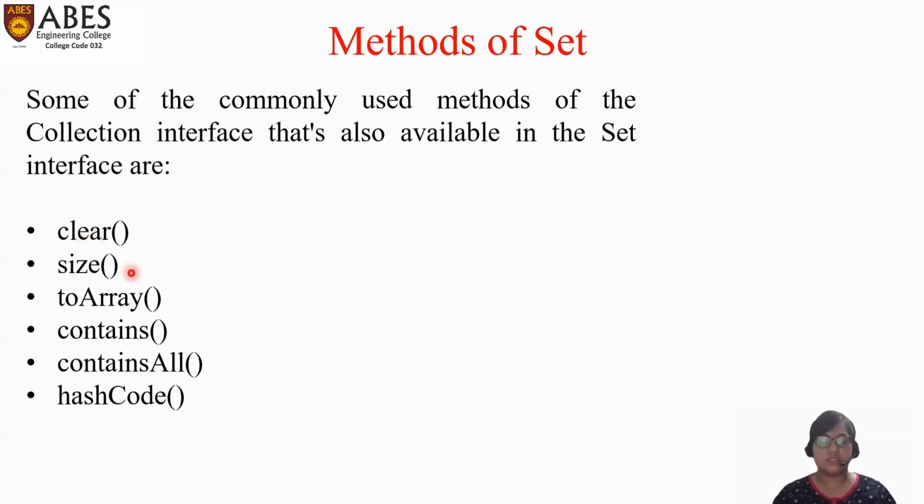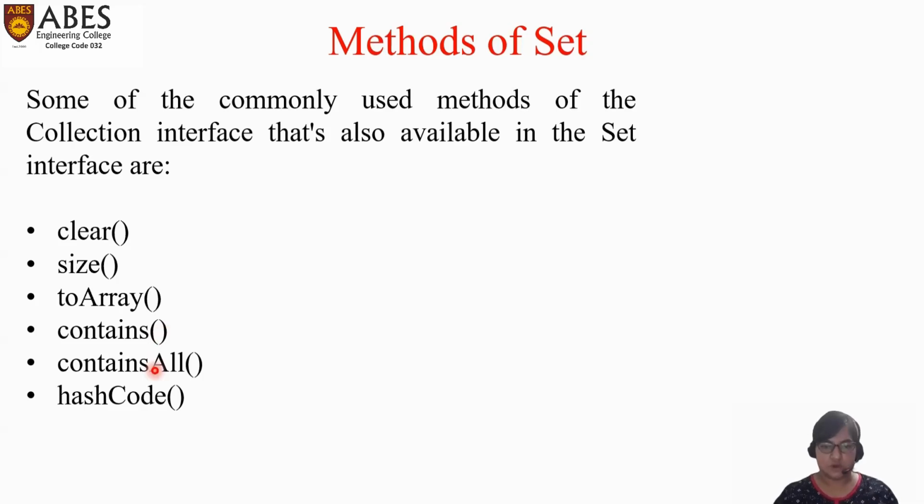Next we have the size method. The size method returns the length, that is, the number of elements present in the specific set. Next we have the toArray method. The toArray method returns an array containing all the elements of the set. Then the contains method returns true if the set contains the specified element and false if it doesn't.